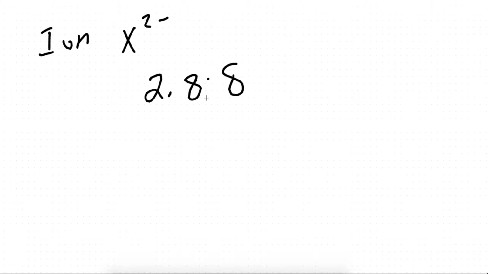So they want the protons and electrons in X2 minus. They've given us the electron arrangement. The electron arrangement of the ion gives us the number of electrons of the ion. So we have 2 plus 8 plus 8, which equals 18 electrons.